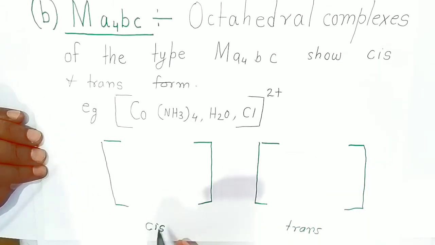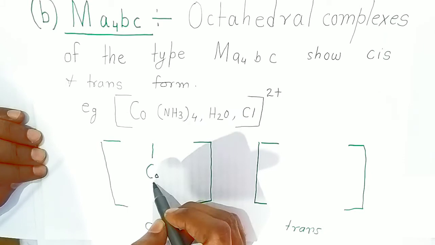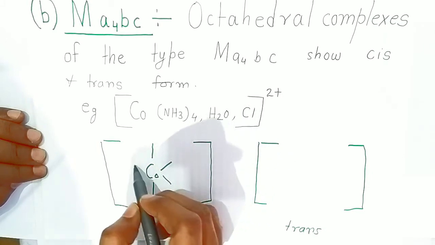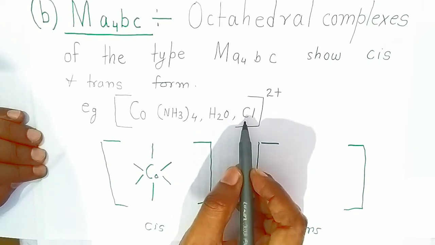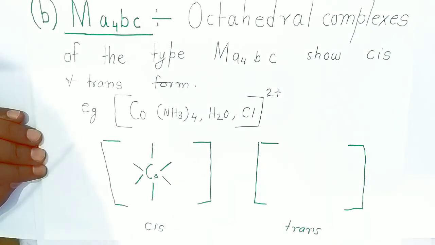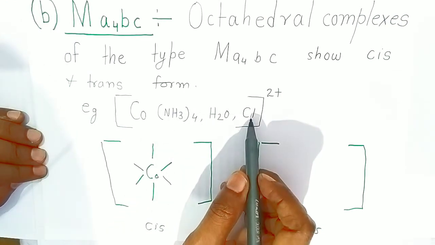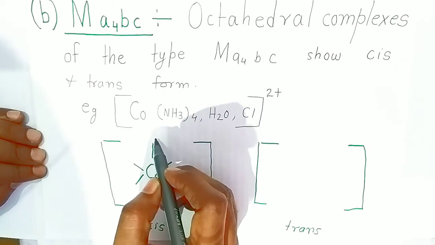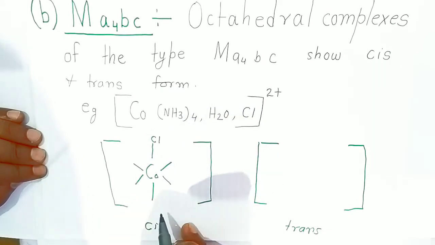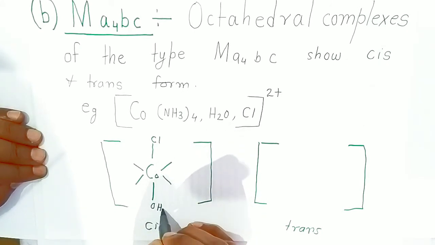Now we are writing cis, so cobalt will be at the center. Cobalt will take the lone pair from chlorine. Now here we have water as well as chloride. If you are writing chloride here, then the water molecule you have to write here, H2O.